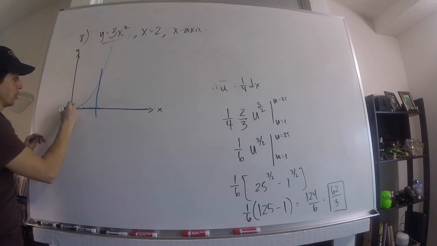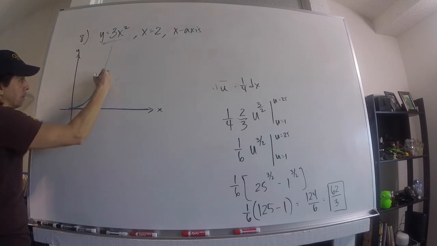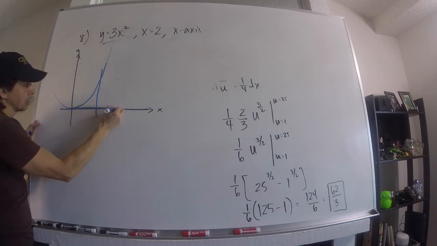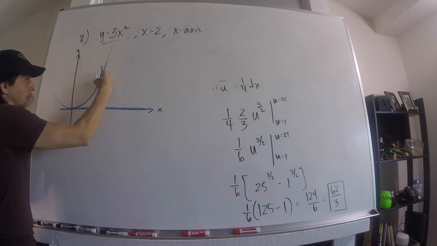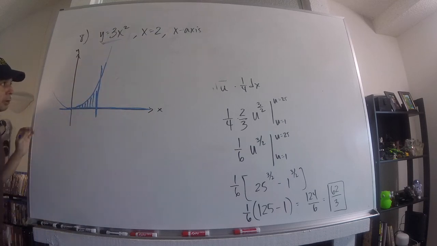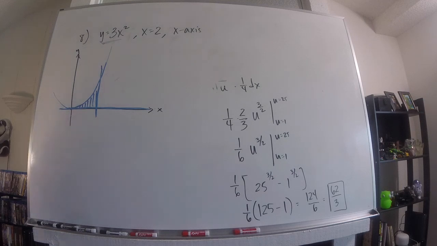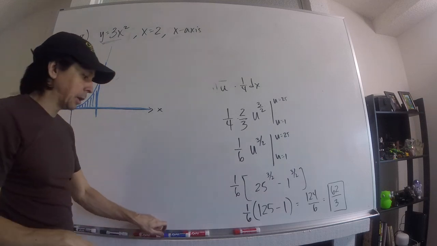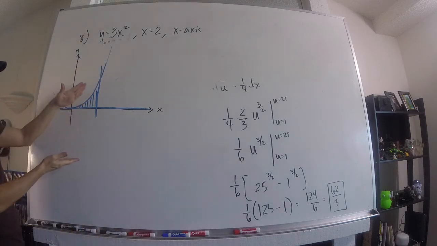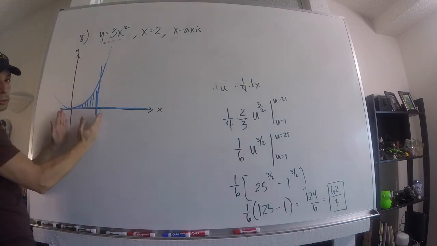So it's these curves: this parabola, which goes on this side, this x-axis, and then this x equals 2. And the region that's bounded by all 4 of those is that region right there. And so it's like the other problem. It's no different. It is down to the axis. It's just bounded by this curve from 0 to 2 basically.